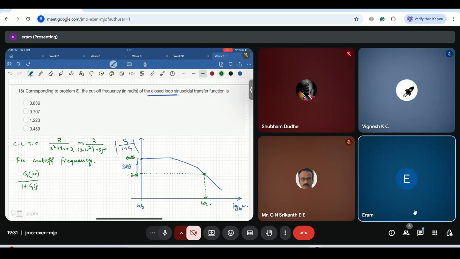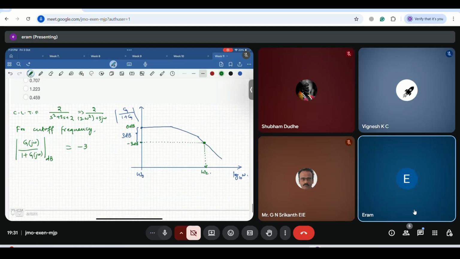I am writing the magnitude in dB. That should be equal to minus 3 for our case. Okay. So this is equal to 20 log of 2 divided by the square root of (2 minus omega square) whole square plus (3 omega) square. This should be equal to minus 3.